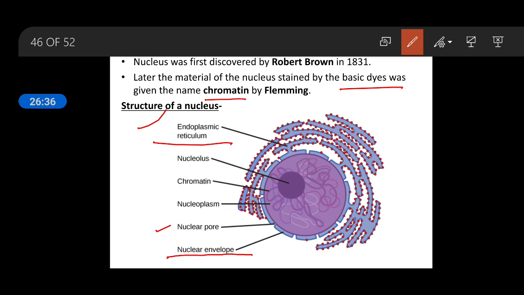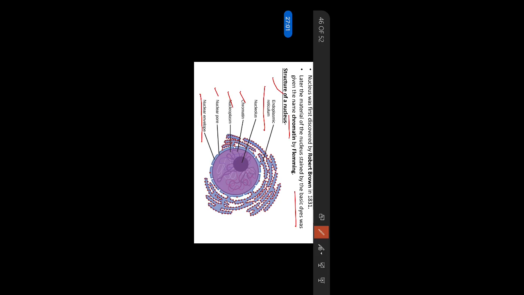All the liquid content of the nucleus is known as nucleoplasm, and all the genetic material distributed in the nucleoplasm is known as chromatin. It is actually DNA, but this DNA is present in loose form in the nucleoplasm, so it is named chromatin.